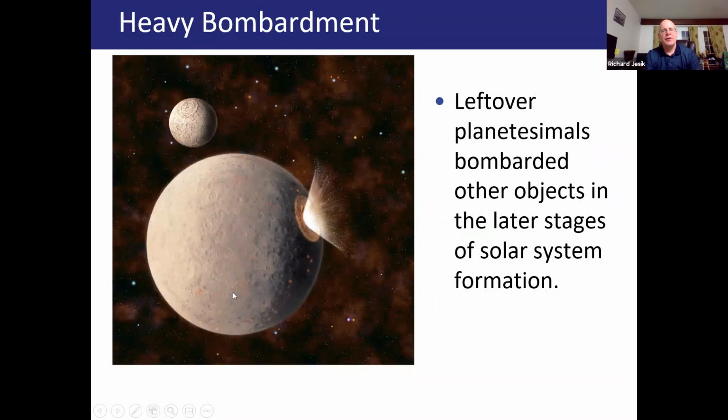We call this accretion. When an object gets bigger because things collide in it, we can see the results of that. The craters on Mercury and the craters on the moon are results of these objects clearing their area through space.